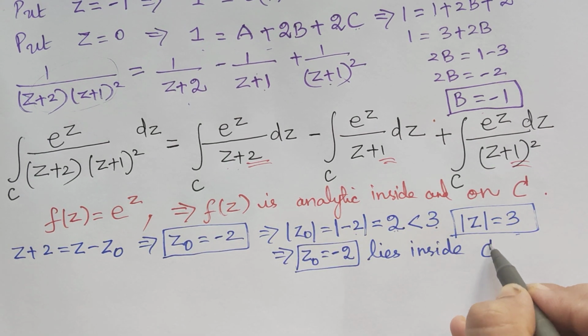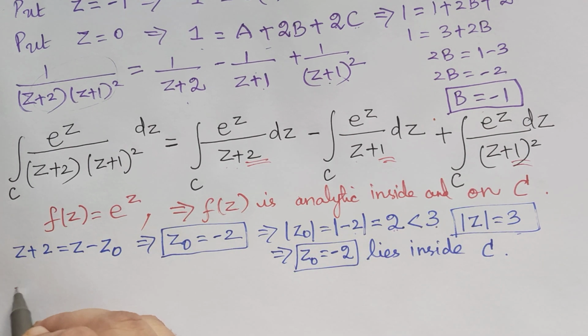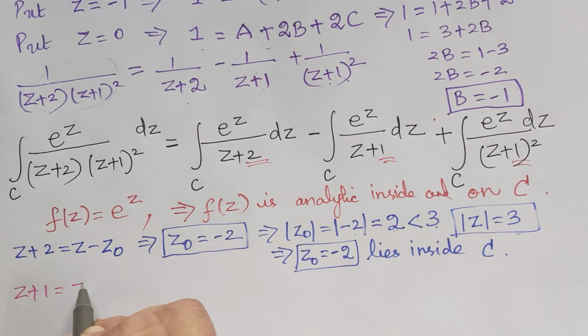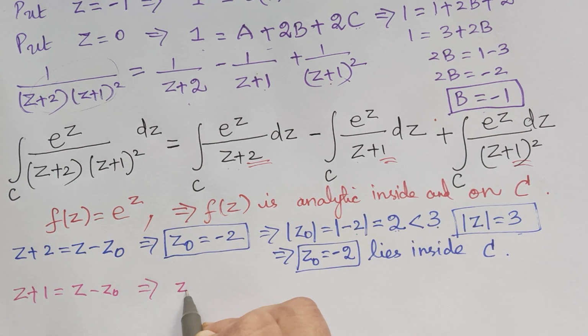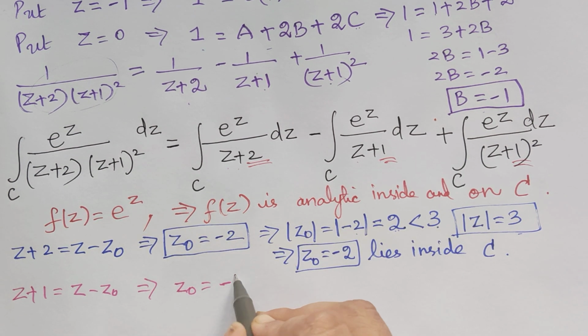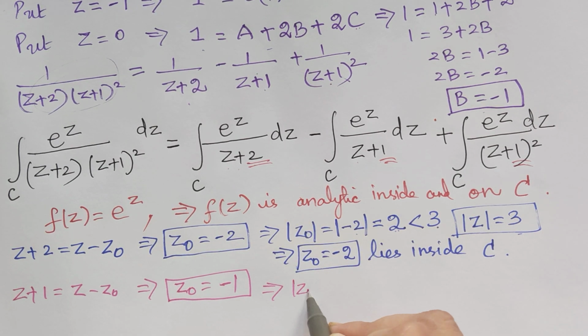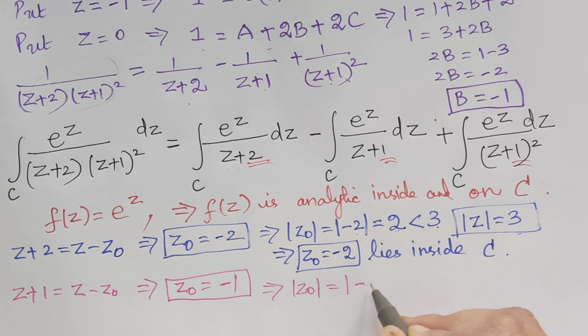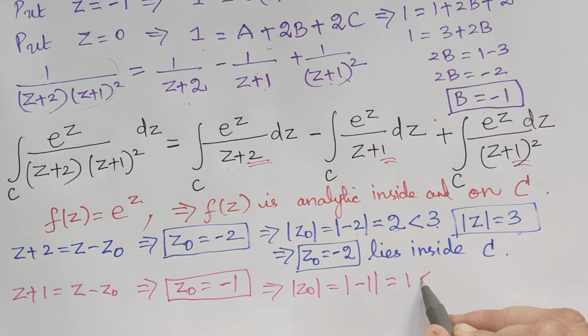Now what about the second integral? We have z plus 1, which is z minus z naught. Comparing both sides, we get z naught equal to minus 1. Modulus of z naught is modulus of minus 1, which is 1, and 1 is of course less than 3.